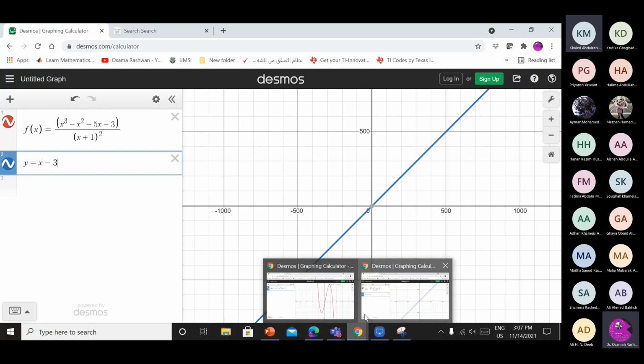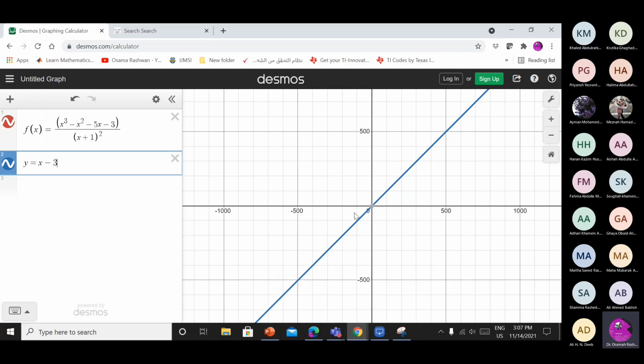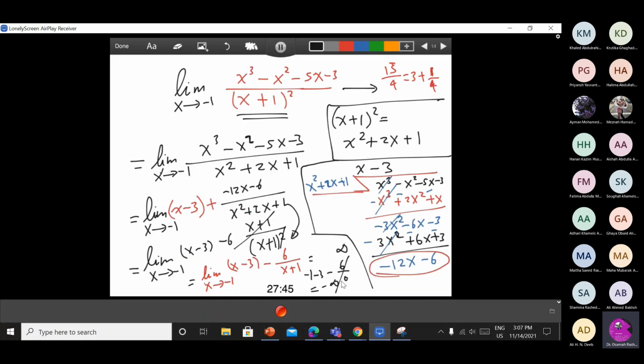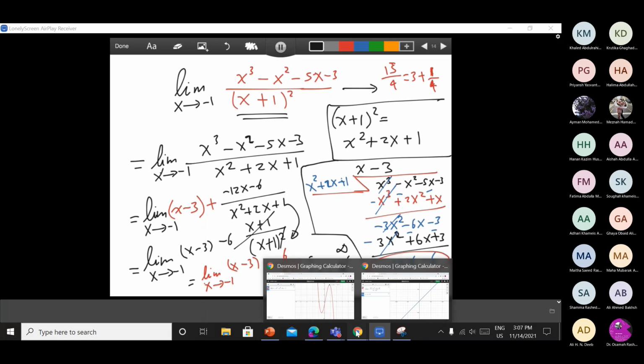Tricky. Some students say, when I graph it, it gives me this one, right? I'm saying no. Desmos will simplify the fraction and then graph the real one. It cannot graph this part, right? Minus 6 over x plus 1. Okay, it cannot graph it. Why cannot graph it? Let's try it.